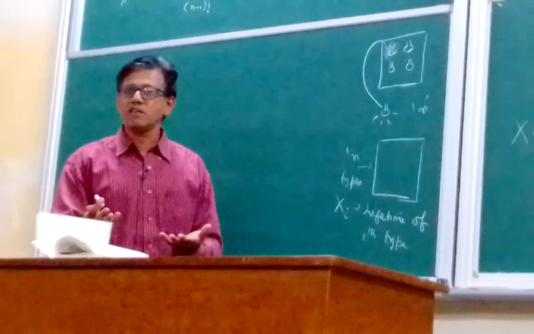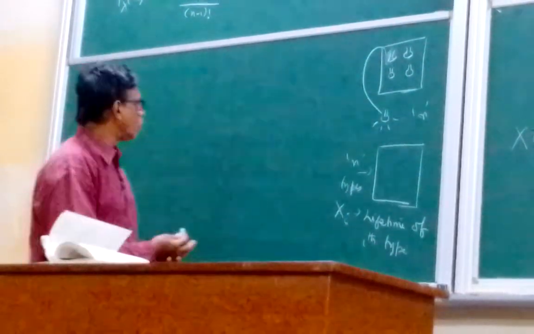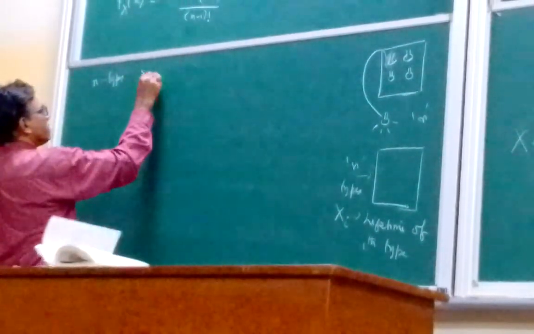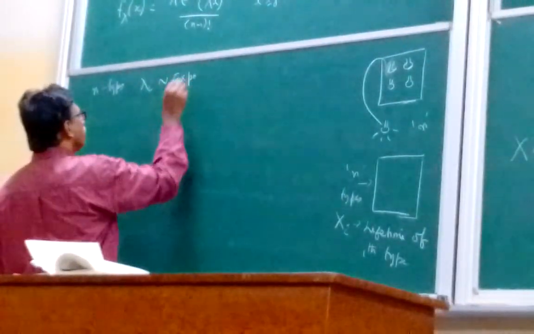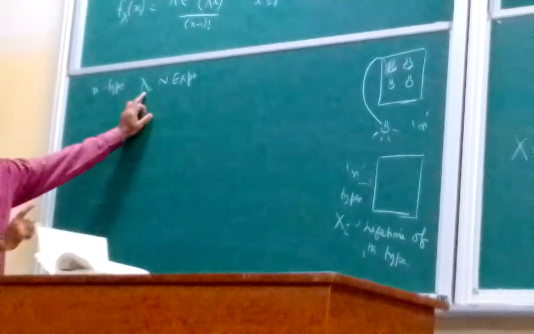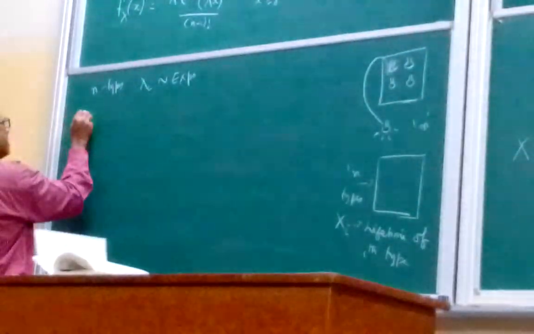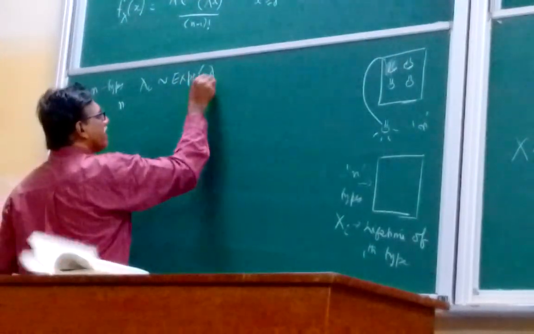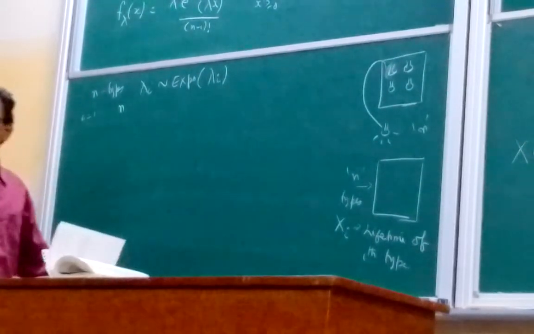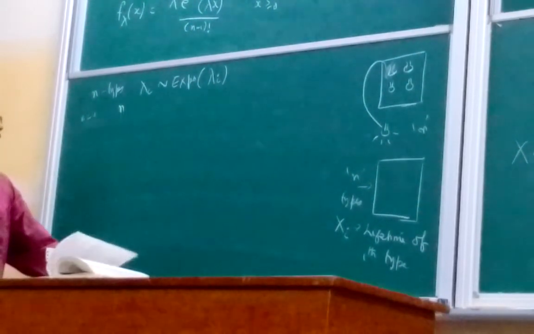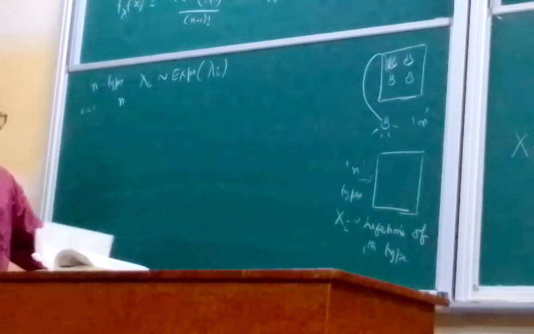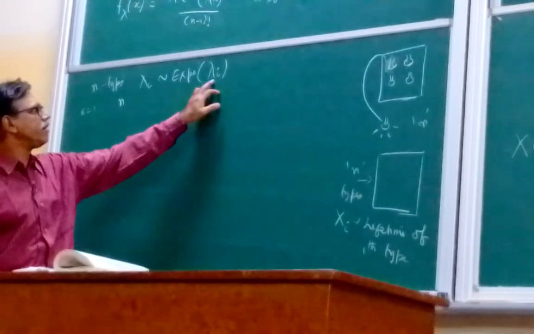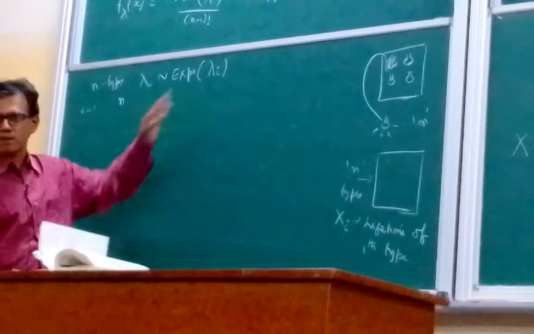That I can interpret as a probability. Okay? So there are n types. X_i is exponential, the lifetime of the ith type of component. i varies from 1 to n, and its parameter is lambda_i. Because they are from different manufacturers, the lifetime can differ based on how good the manufacturing process is, and it is exponential with parameter lambda_i.